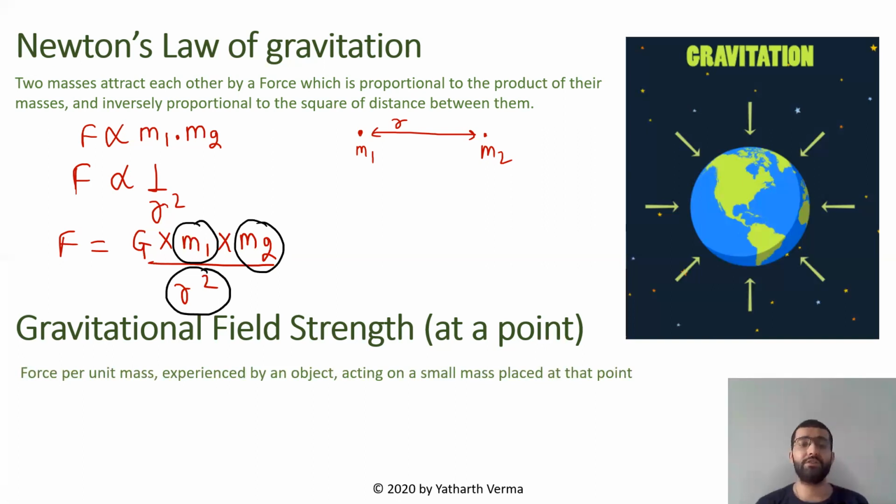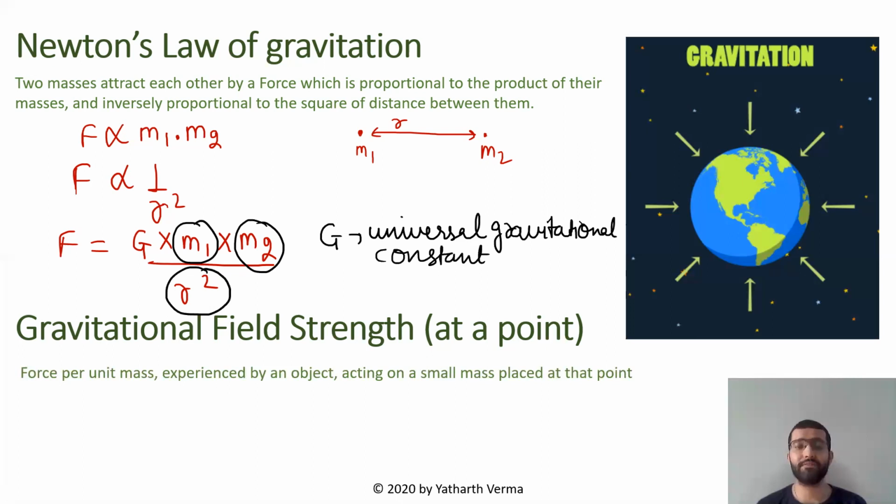G is the universal gravitational constant, which has a value 6.67 × 10^-11 newton meter squared per kg squared, right?